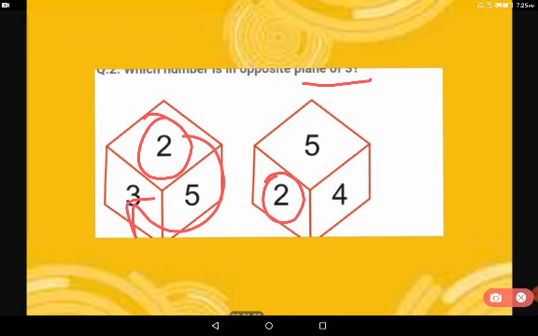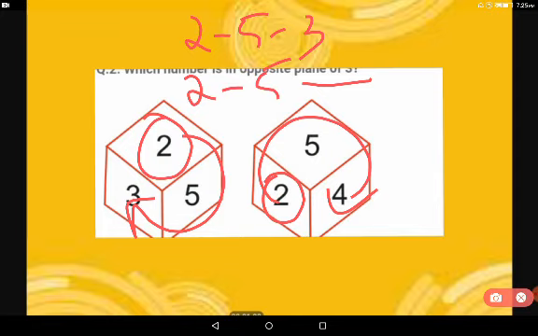Clockwise, and here also clockwise. 2, 5, 3 and yeah, we are moving clockwise, right? Here also we moved clockwise. We got this as 2, 5, 3 and 2, 5, 4. So the digit opposite to 3 will be 4. Okay, clear?